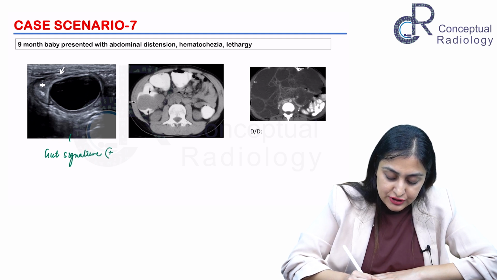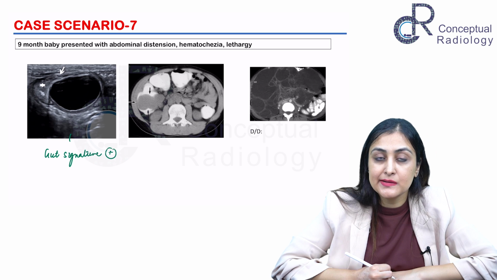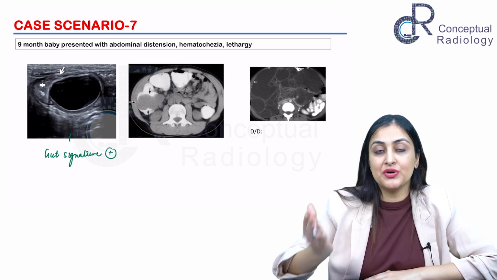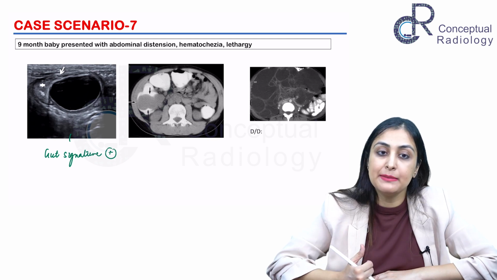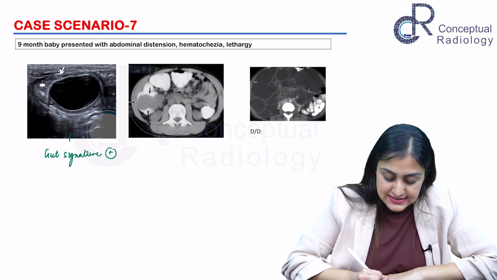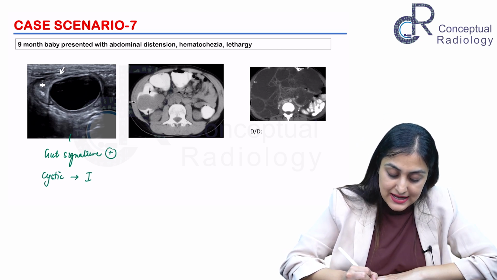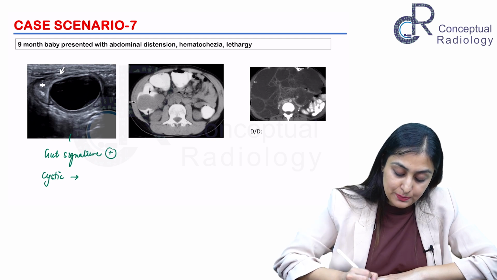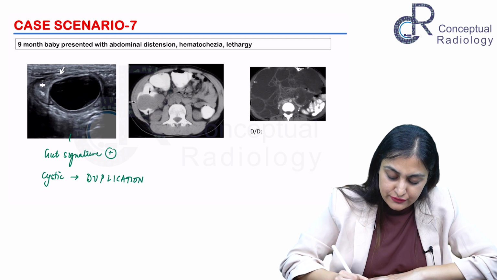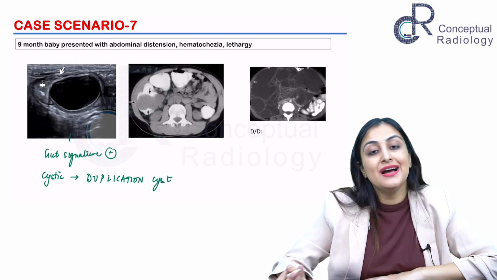You see the different layers, the variegated appearance of the bowel, which is known as the gut signature, wherein you have alternating hypo and hyperechoic areas, which tell you that this is a cystic lesion which is related to the bowel, and that is diagnostic of a duplication cyst, right? So this is a duplication cyst frequently associated with the ileum.